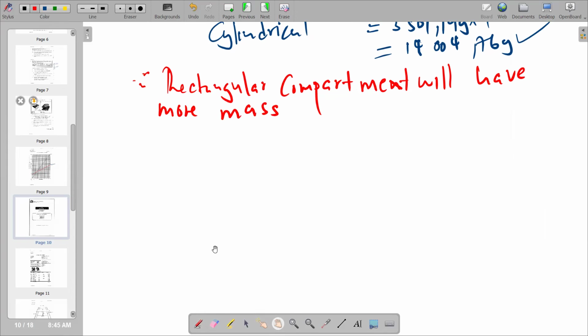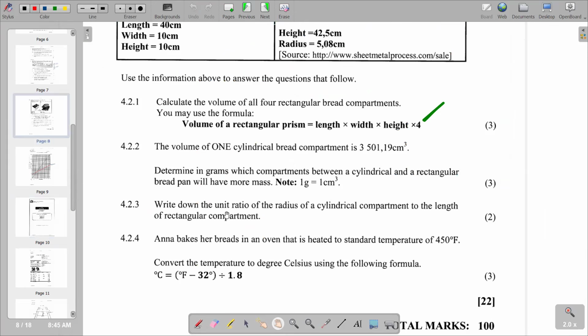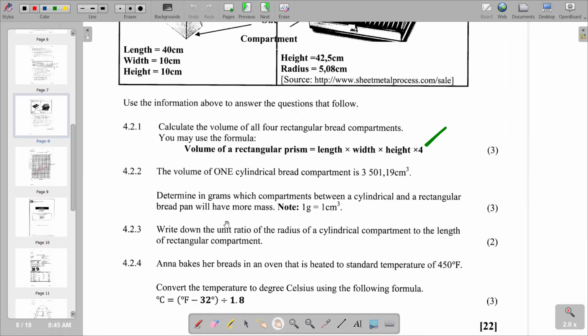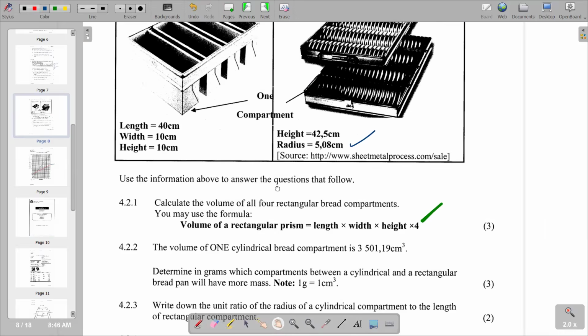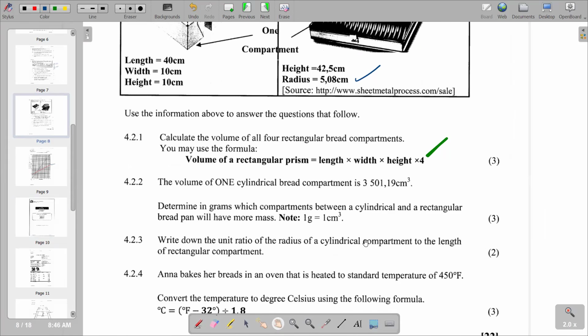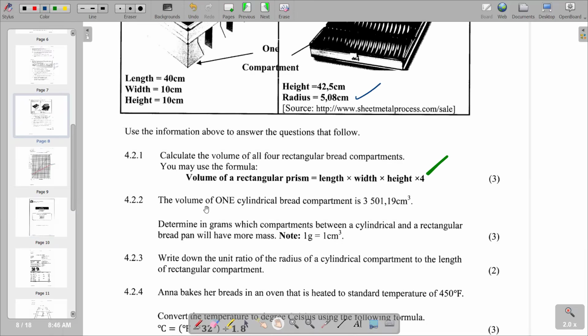We try to move on to the next one, which is saying write down the unit ratio of the radius of a cylindrical compartment to the length of a rectangular compartment. Radius is 5.08 centimeters, and then it's radius to length of the rectangular compartment. Length is 40 centimeters.